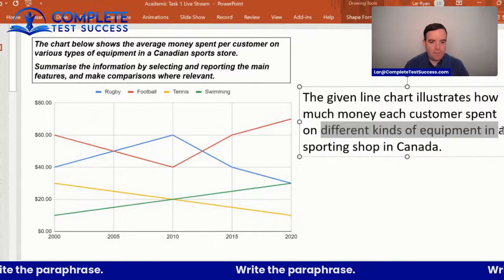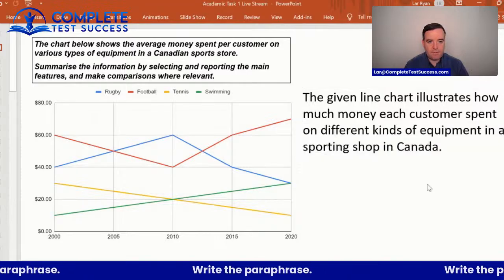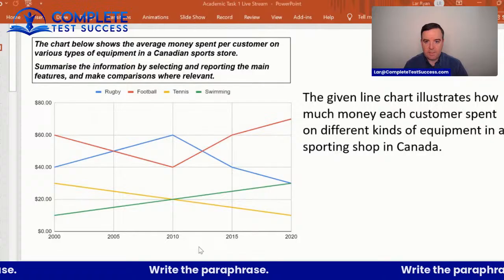Spent on different kinds of equipment in a sporting shop in Canada. Perfect. Okay, so we have exactly what we need there.